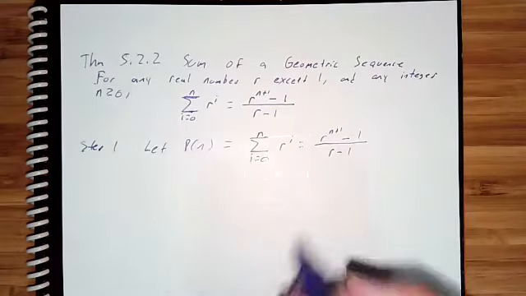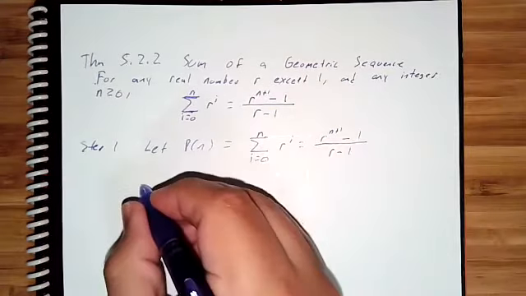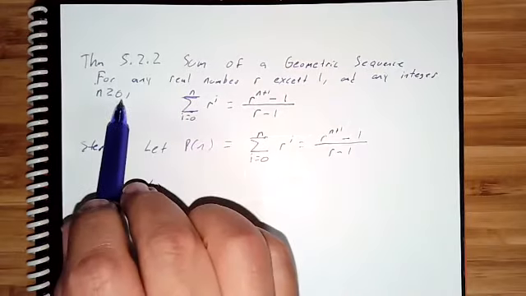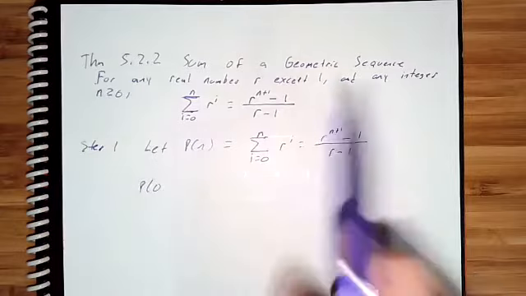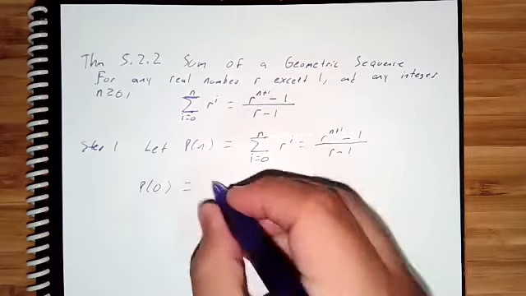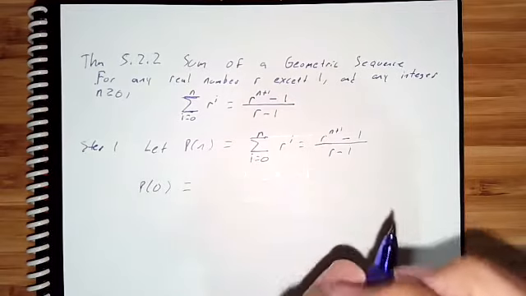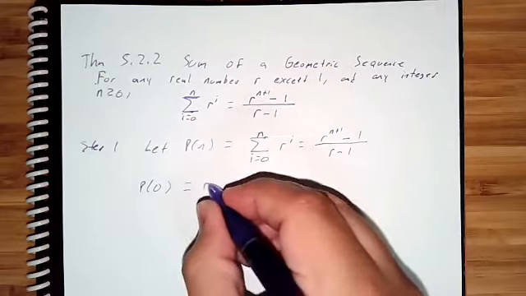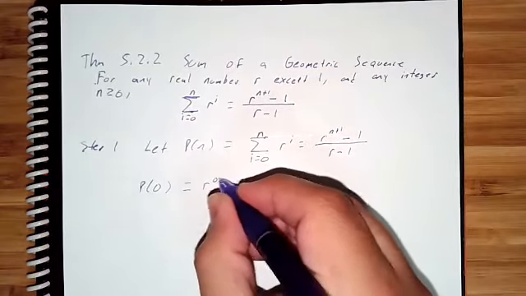Okay. So step 1, show that it works for some number. I'm going to choose 0 because it says 0 or beyond is cool, just not 1. Choose small numbers because it's easier. So if I plug in 0, that means I'm going to get r to the 0. I plug it in here, right?